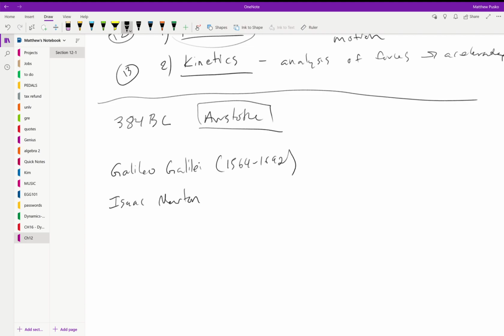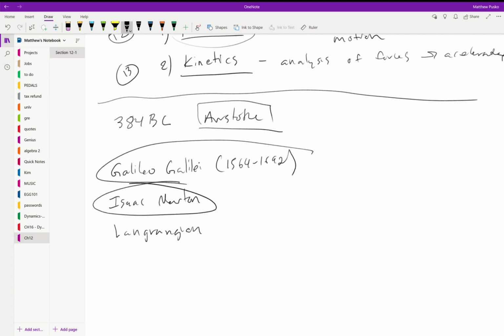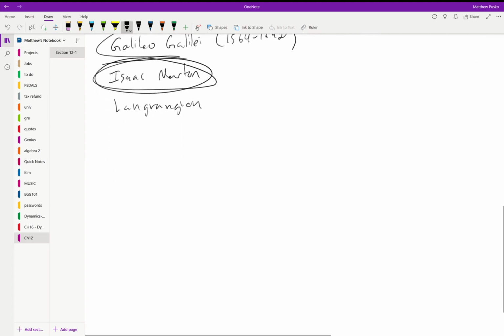Euler, D'Alembert, and Lagrange were also classical mechanics contributors, and as you go through different classes in dynamics, you'll study something called the Lagrangian. It's a way of using only energy methods to solve these types of problems. But Newton is the one that we're going to focus on the most.